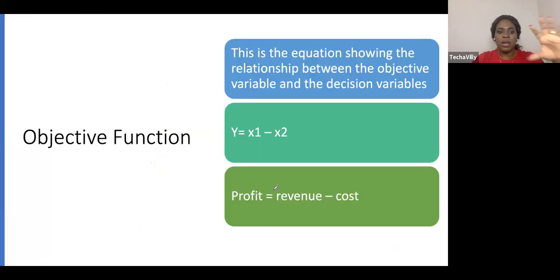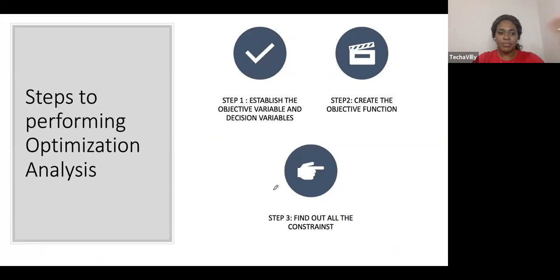The objective function is the equation that shows the relationship between the objective variable and the decision variable. It could be just like what we did, y equals x1 minus x2. It could be profit equals revenue minus cost. The second part is the steps to performing your optimization analysis.